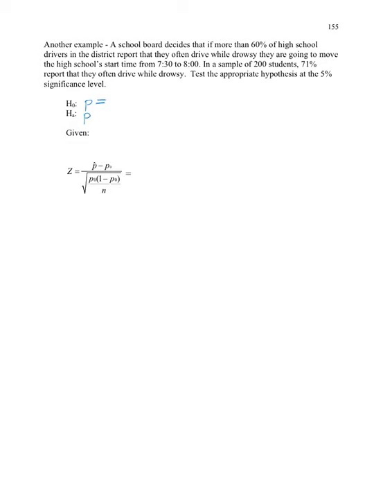If we covered up the data, like the part that says in a sample of 200 students, what would you be left with? What you'd be left with is the 60%. That's our current value, or the value they're going to test against, and we put that in both of our hypotheses.